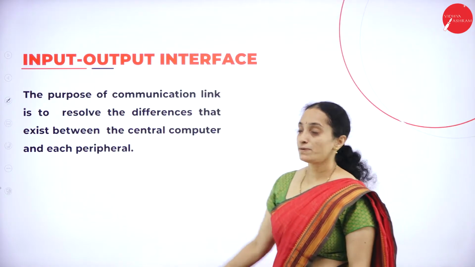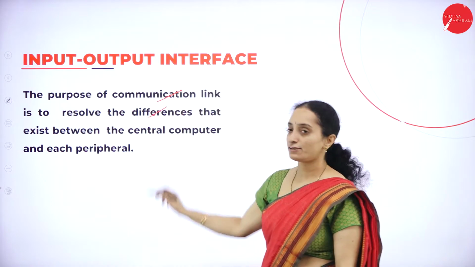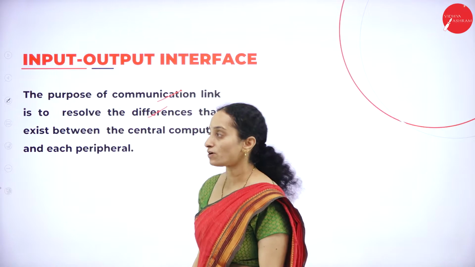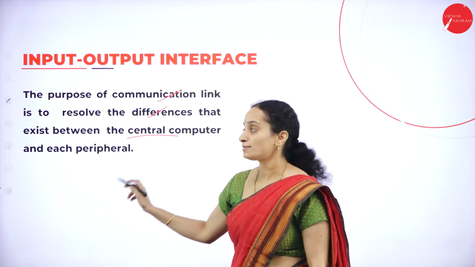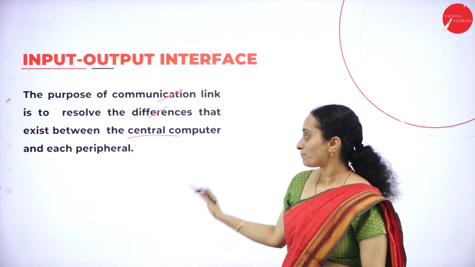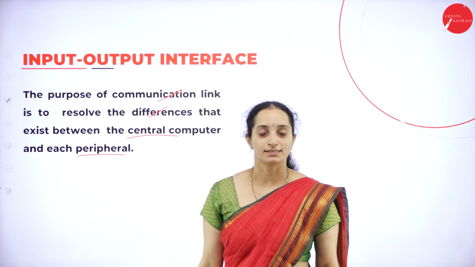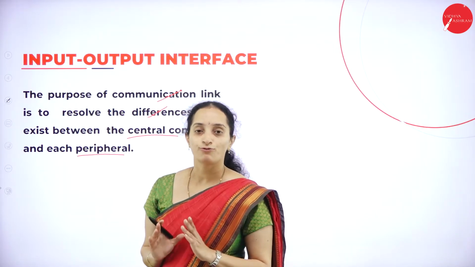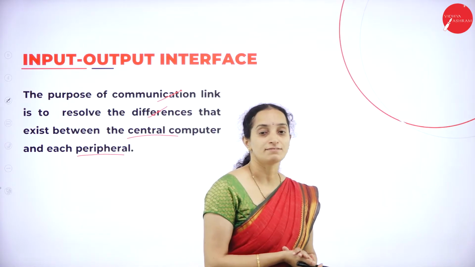Okay. The purpose of the communication link is to resolve the difference. What kind of difference is there? What must be resolved? It is to resolve the difference that exists between the central processor and each peripheral device. There will be a difference in the mode of operation of the central processing unit as well as the peripheral devices.